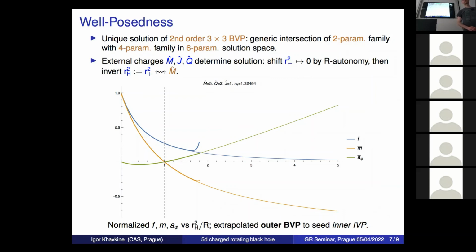Because if you ask the same question between horizons, if you study the regularity of one horizon and regularity of the inner horizon, you will get different conditions. Maybe, yeah. So this solution is not guaranteed to be regular at the inner horizon. We didn't demand this, so it's quite possible that it blows up at the inner horizon. We don't know. We haven't checked.